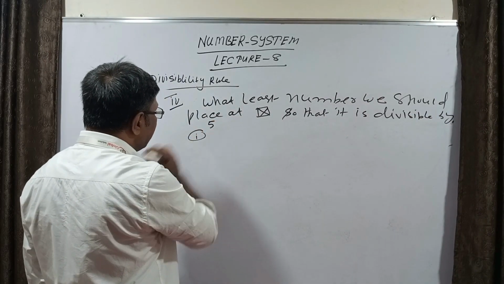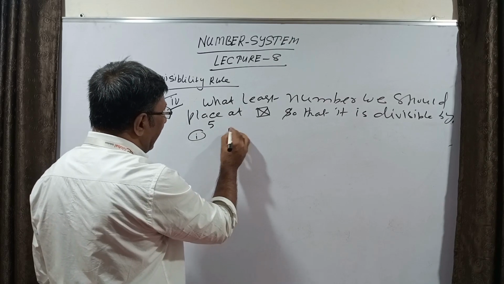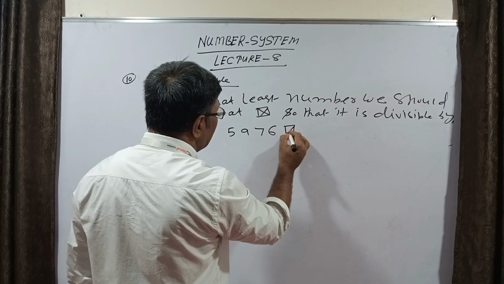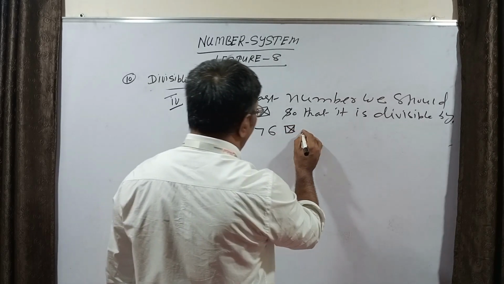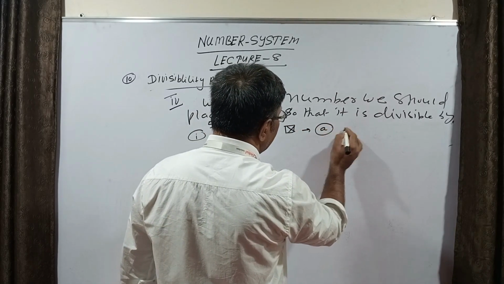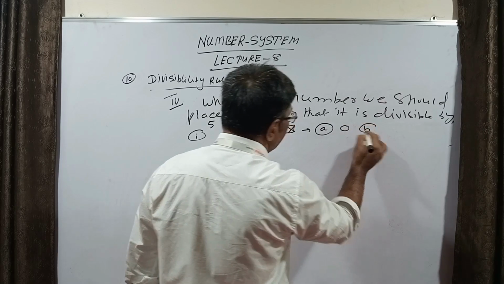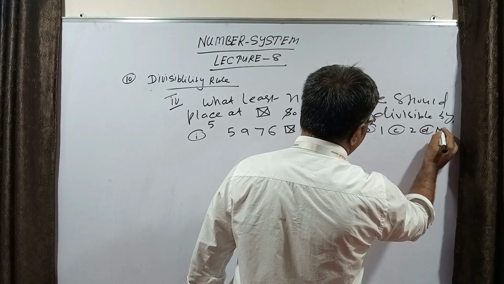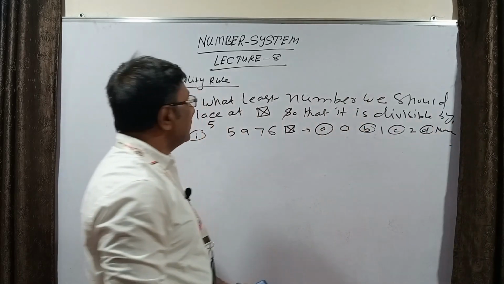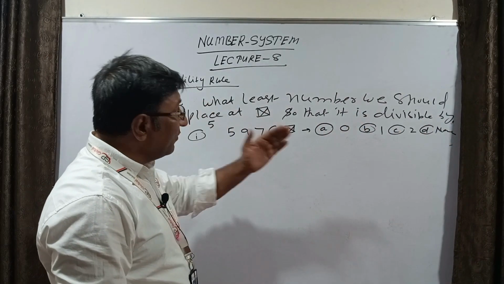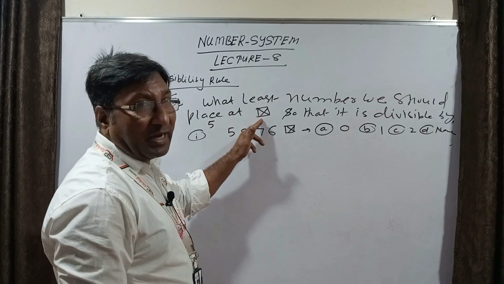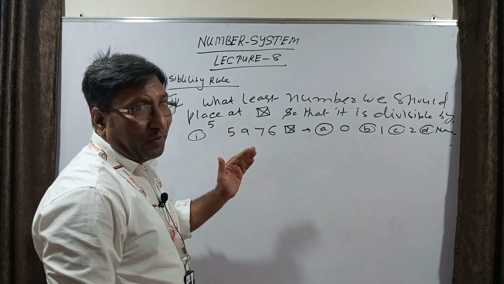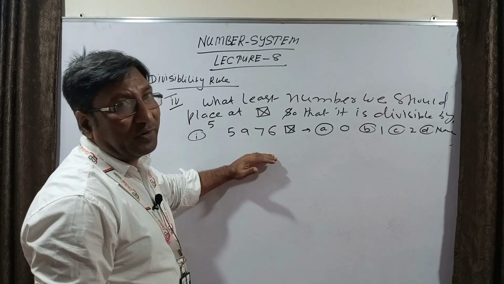The question is given, suppose 5 9 7 6 and a star place, and the options given are 0, 1, 2 and none. So the question is, what least number should we place at the star place so that it is divisible by 5? What is the technique for this question?